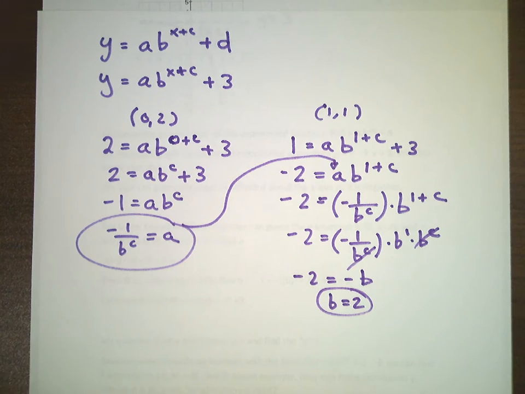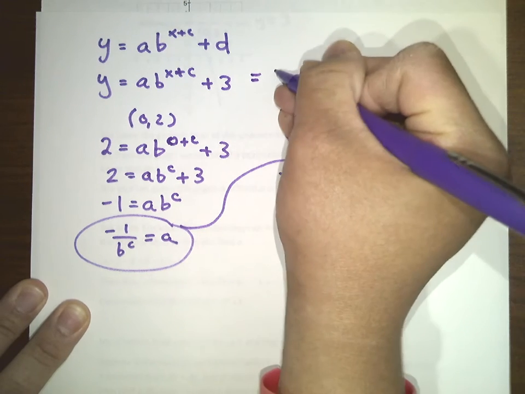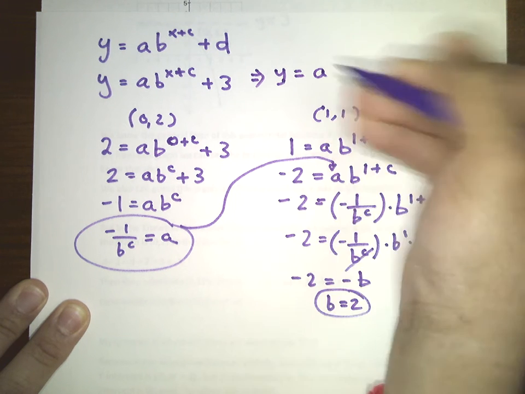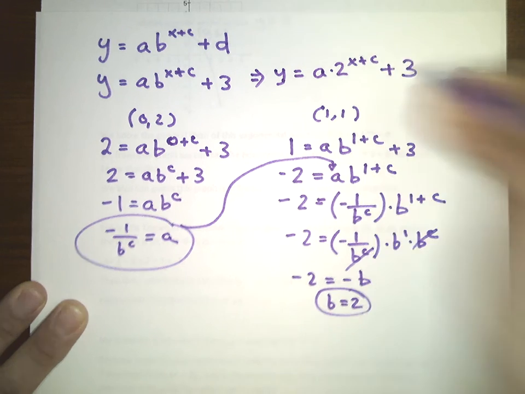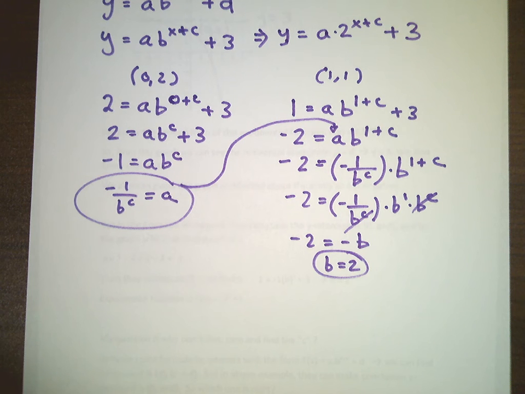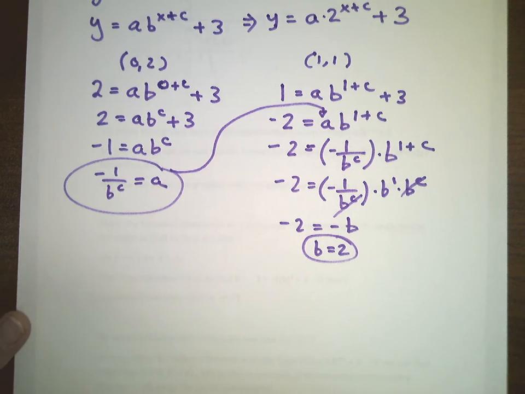So then I know that my equation is really of the form y is equal to a times 2 to the x plus c, plus 3. And I still need to find a, and I still need to find out what c is. But here's the real issue here.